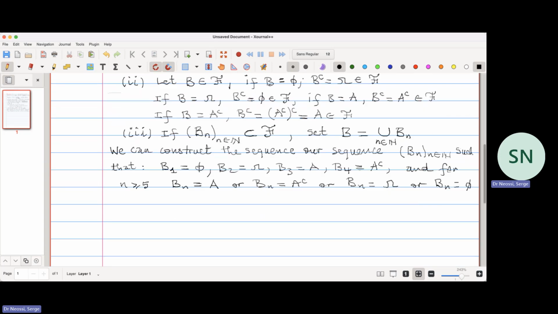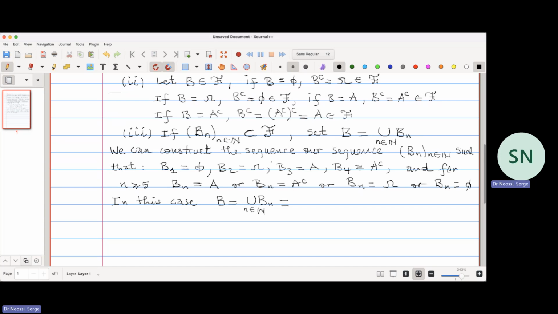So in this case, B, which will be the countable union of Bn for n in the natural numbers, meaning that it runs from 1 to infinity. What would be this union?